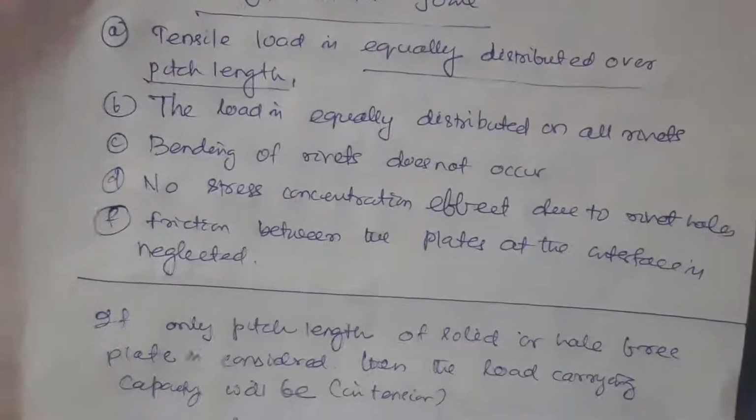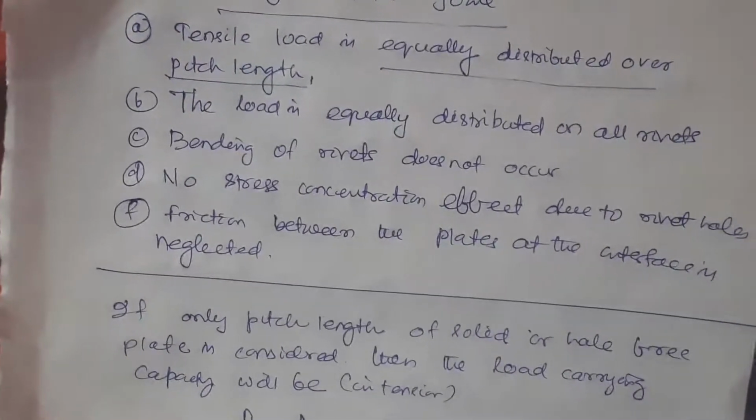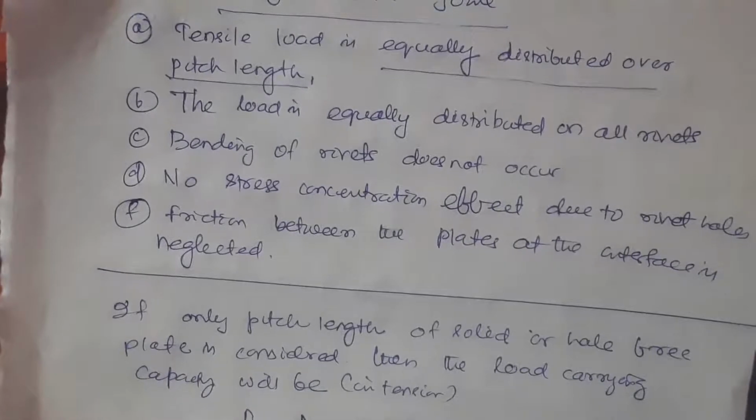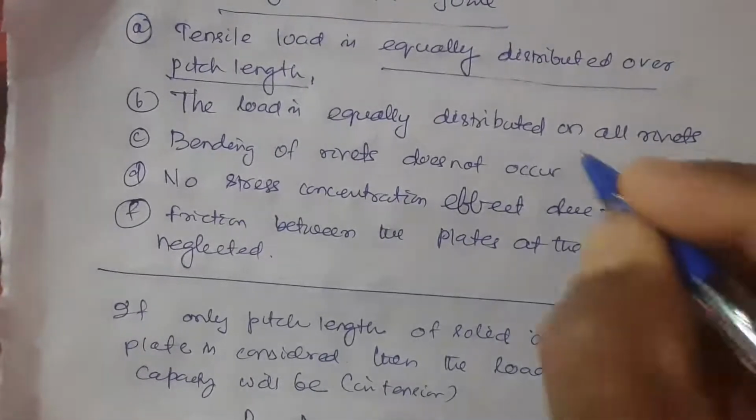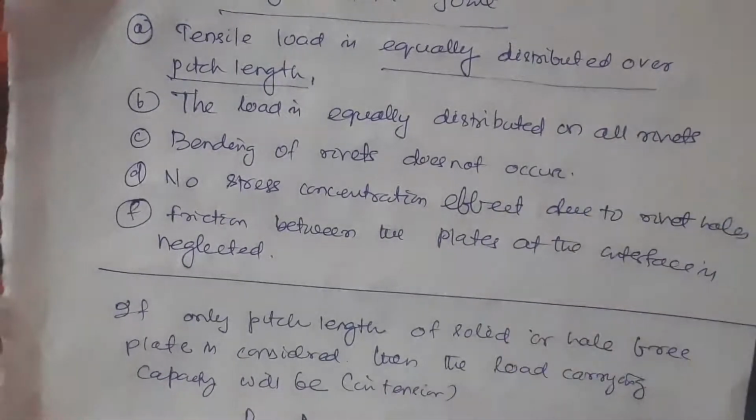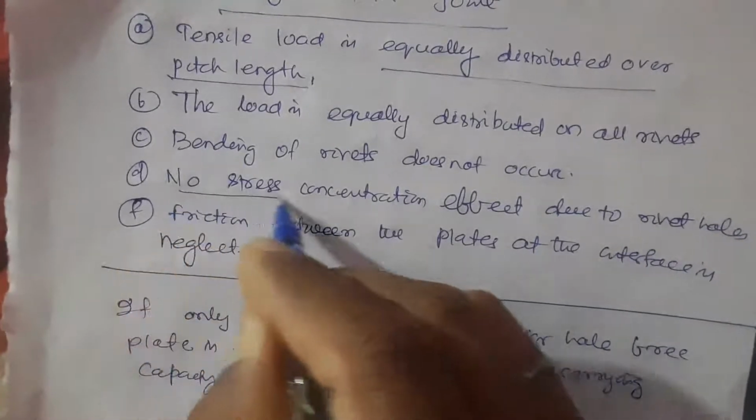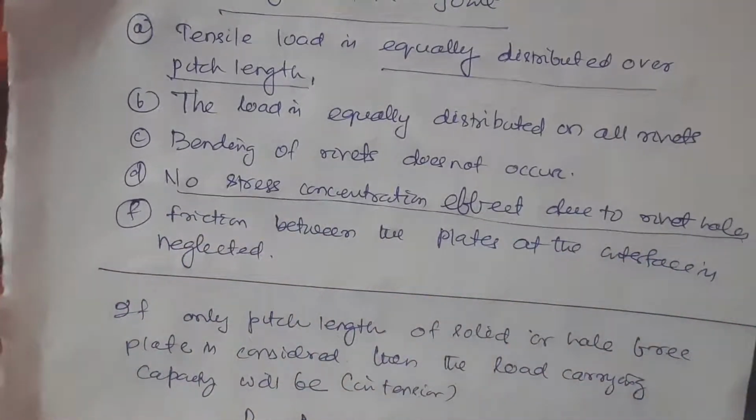If there are 10 rivets, the total load is divided over each rivet, and we do not consider bending of the rivets during the application of the load. In many cases the bending of rivets takes place, but we don't consider that. We assume the rivets are intact and there is no bending while they are subjected to the load. We also consider no stress concentration because of the holes drilled for riveting.